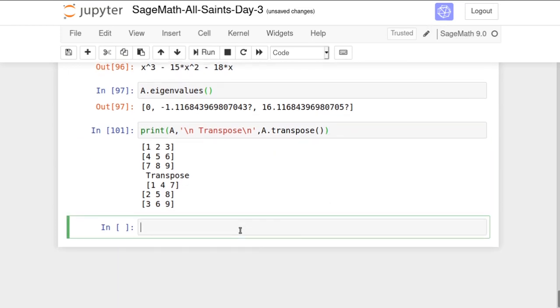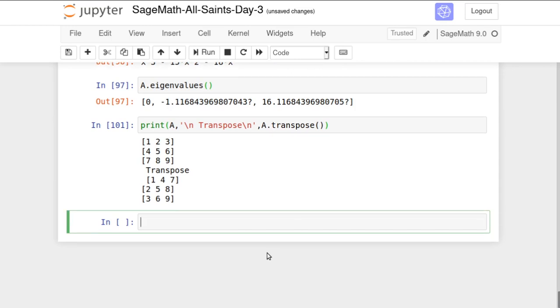Now we can form the augmented matrix also in the same way. To find the augmented matrix, we need to take a column vector and augment that column vector to the matrix. So we will see that also here.